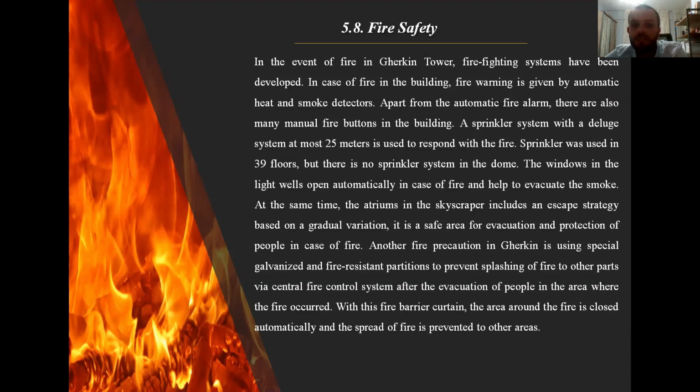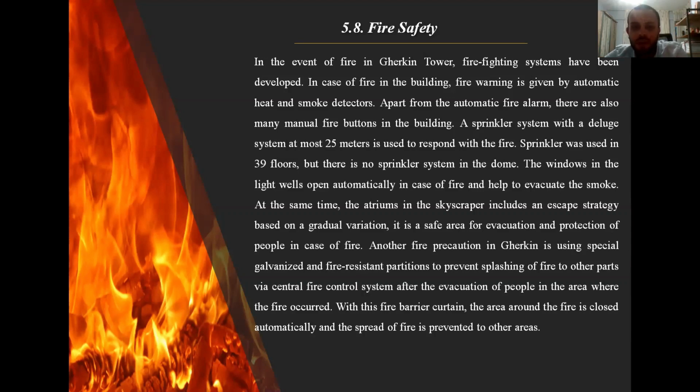The sprinkler system with the deluge system is used to respond to the fire. Sprinklers were used on 39 floors, but there are no sprinkler systems in the atriums. The windows in the light wells open automatically in case of fire and help evacuate smoke.